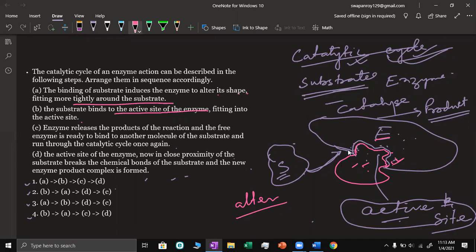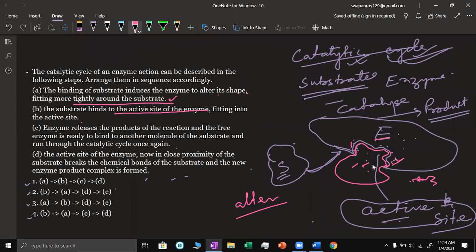Next, the active site is not a rigid structure. It is a little bit versatile and flexible, so it can change its shape and then tightly fit around the substrate.